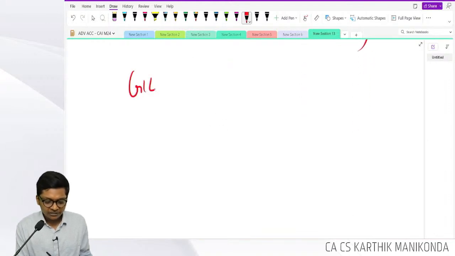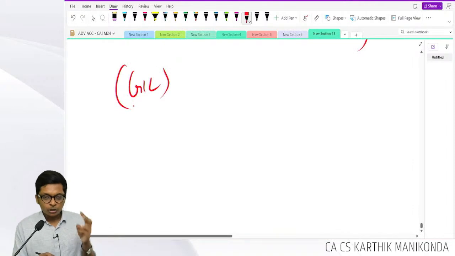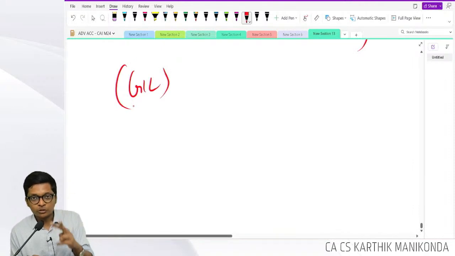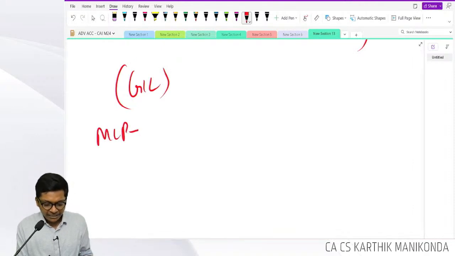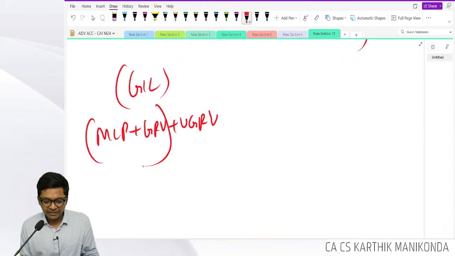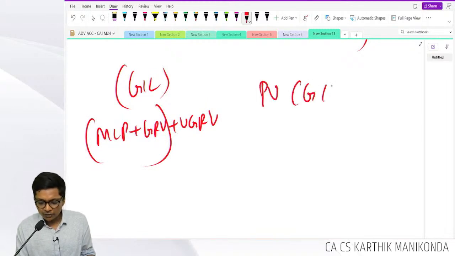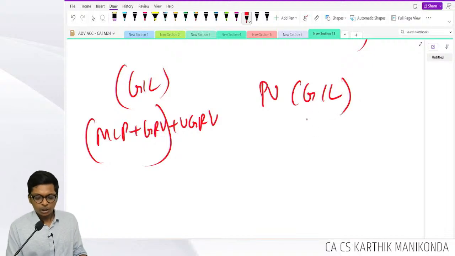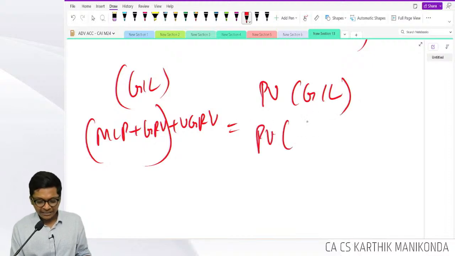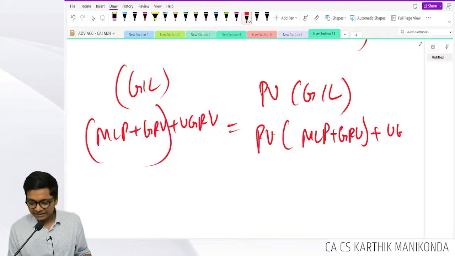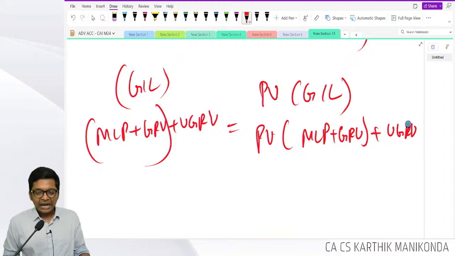What is gross investment in lease? 2 lakh plus 2 lakh plus 2 lakh plus 10,000 plus 40,000, which is nothing but MLPs including GRV plus UGRV. So I will do present value of MLP inclusive of GRV if lessee is paying, plus UGRV.